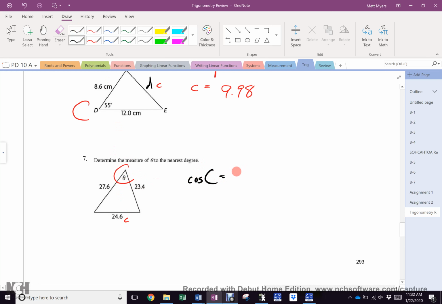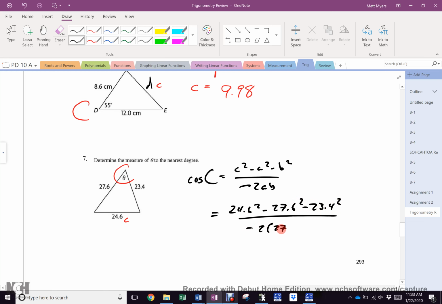Cos of big C equals c squared minus a squared minus b squared over negative 2ab, which equals 24.6 squared minus 27.6 squared minus 23.4 squared over negative 2 times 27.6 times 23.4. Taking the inverse cos gives 57 degrees.